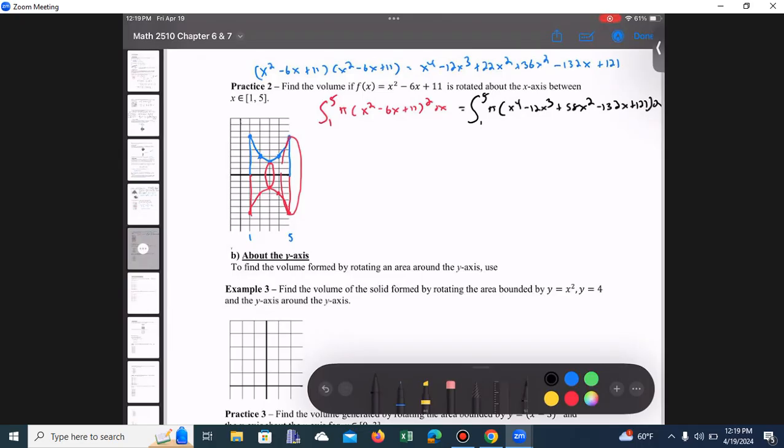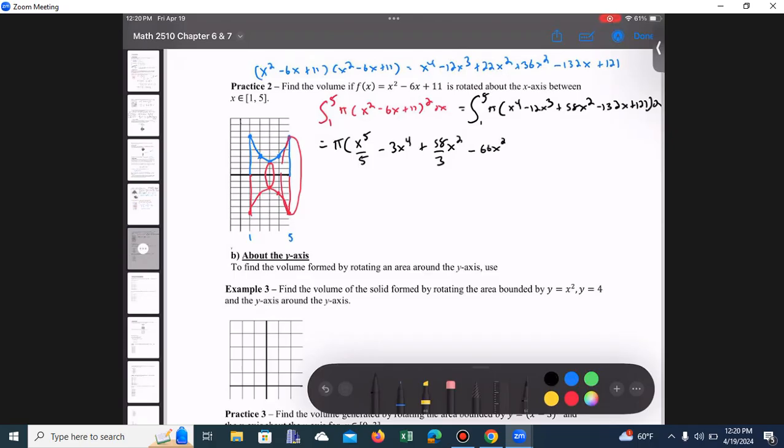Alright, so now we integrate. Pi times x to the 5th over 5 minus 3x to the 4th plus 58x cubed over 3 minus 66x squared plus 121x.